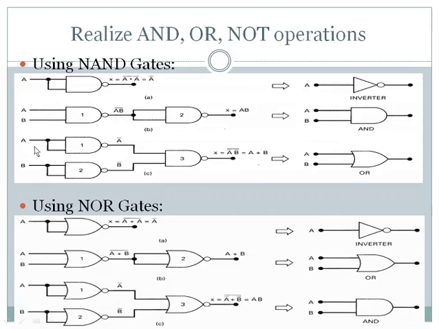Similarly, we'll go with the third circuit, where we have used a first NAND gate, and we have given A as input for both the inputs of the first NAND gate. Then this NAND performs the inverse operation, complementary operation. So the output will be A bar.